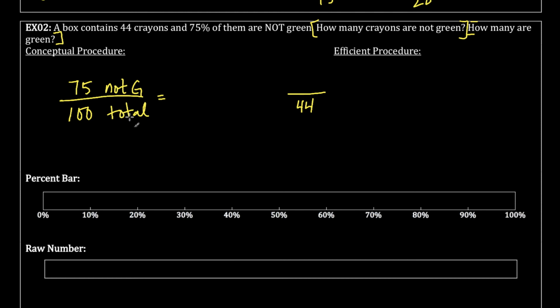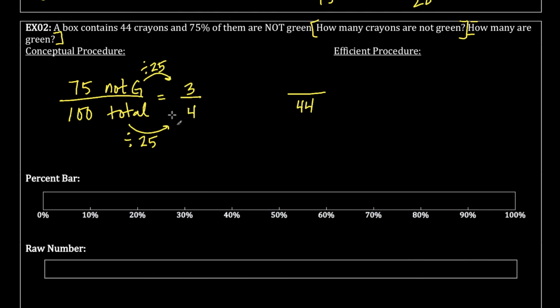So I guess we should get smaller. Let's divide by 25. 75 divided by 25 is 3. And 100 divided by 25 is 4.